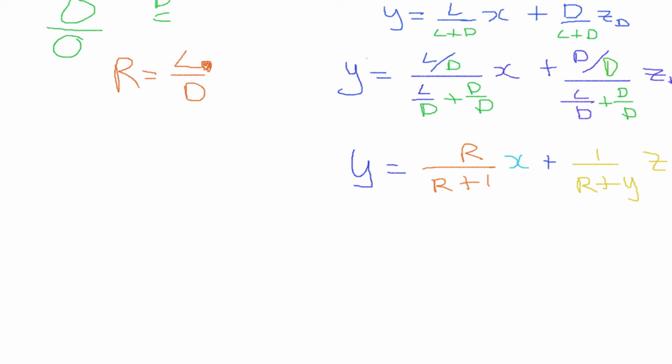Now this equation can be separated to resemble the equation for a straight line, and the equation for a straight line is y equals mx plus c, where m is the gradient. So we can utilize these values to construct our upper operating line, or our rectifying operating line.